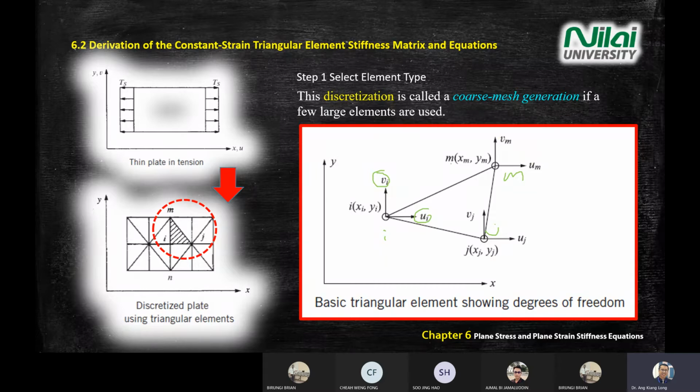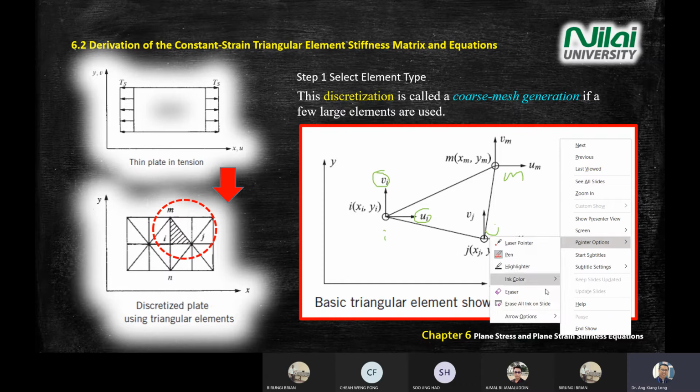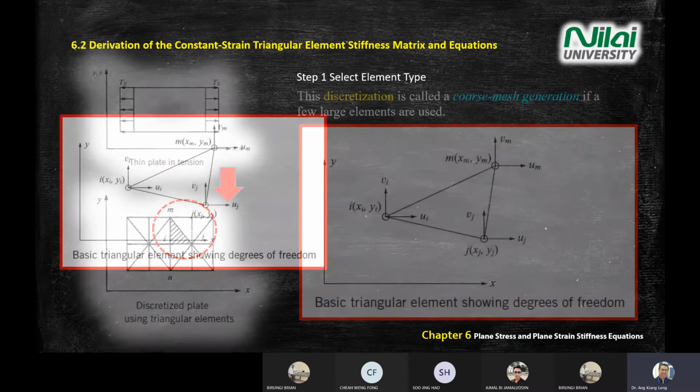And the coordinate is also labeled as XM, YM if you're referring to point M. If you're referring to point J, you label as XJ, YJ. Clear? Any question on this red box diagram? Okay, no question, I'm going to move on.